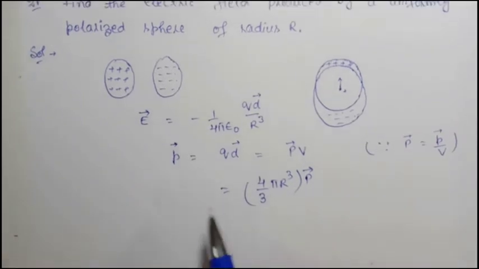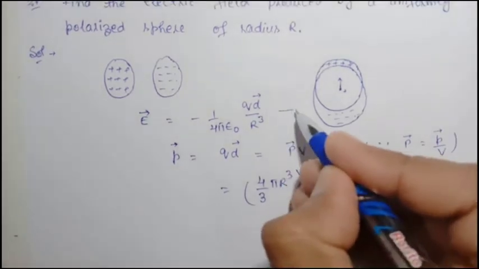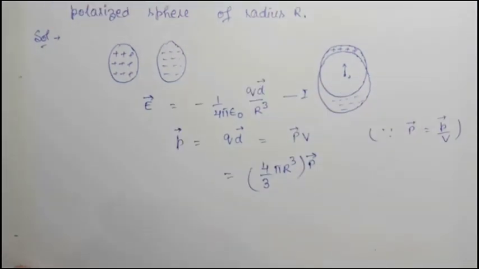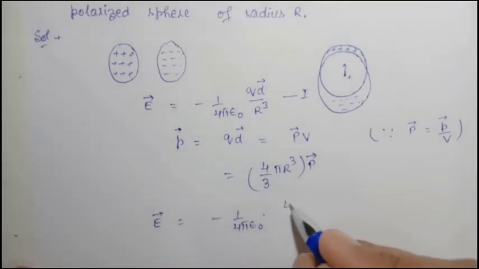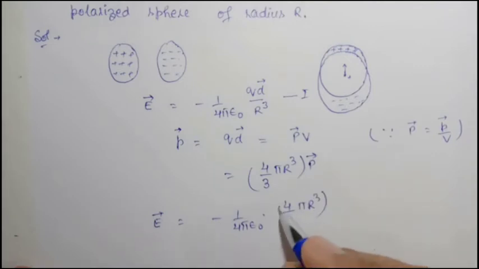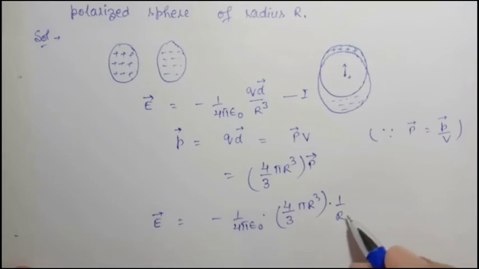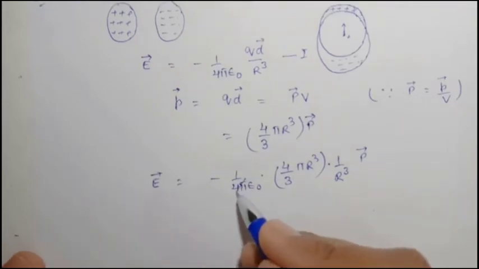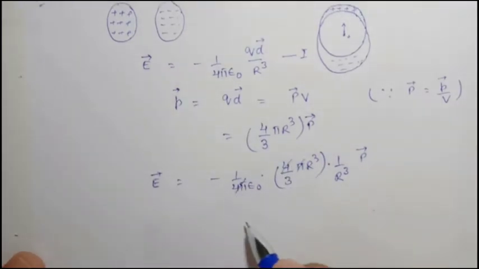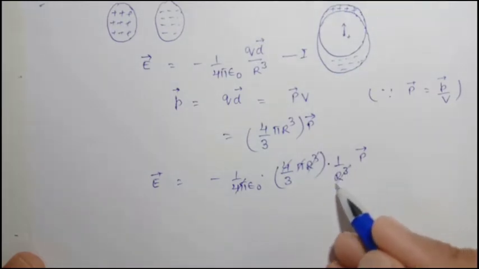So when we substitute the value of P in this first equation, then we can write E equals minus 1 over 4 pi epsilon naught, and here this equals 4 over 3 pi r cube into 1 over r cube into P. So this 4 pi is cancelled with 4 pi and r cube is cancelled with r cube.